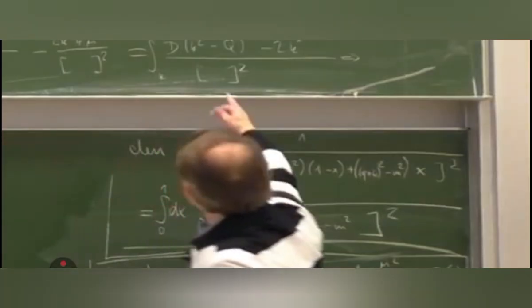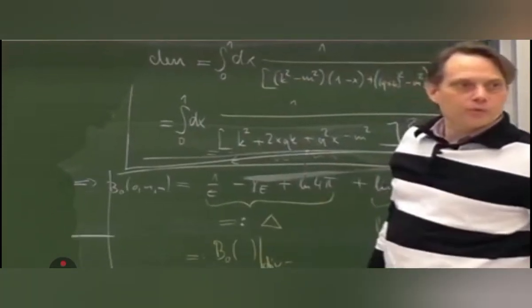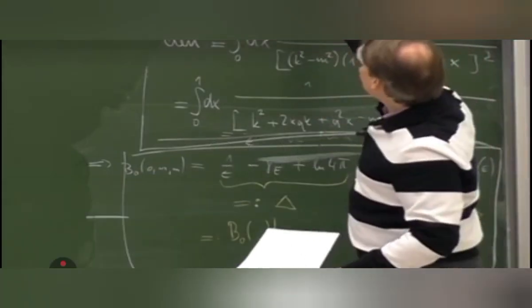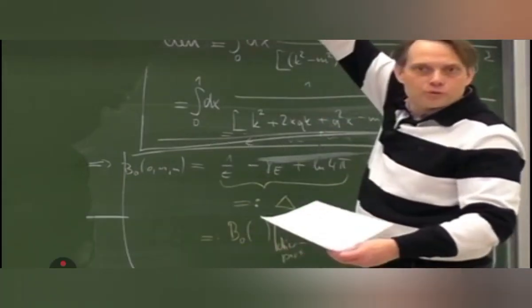And so time is almost up, but let me just write down the final result for the vacuum polarization, because now we have completely evaluated it. So the left-hand side of what I wrote here was the vacuum polarization times a prefactor. The prefactor came from the contraction of the two indices mu mu.